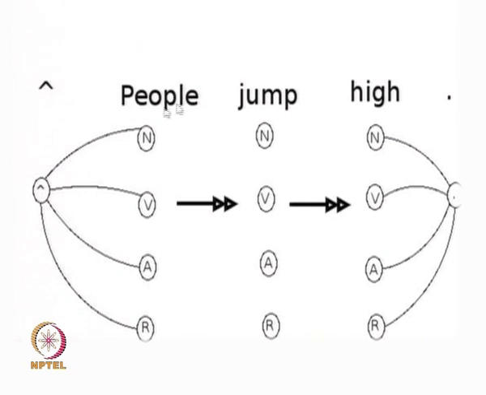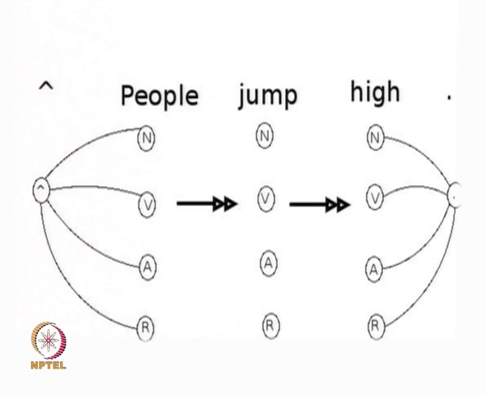So, this way we will define a graph, and our part of speech tagging determination problem becomes finding a path through this whole graph, and this graph is the set of labels which would be placed on the words.